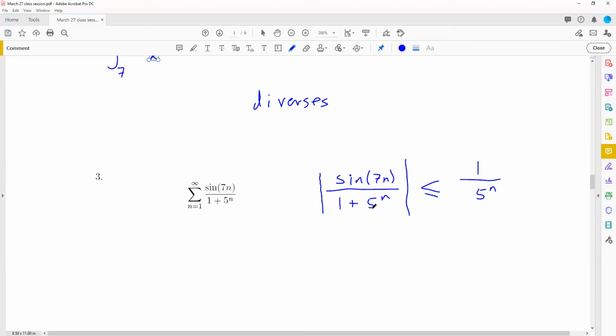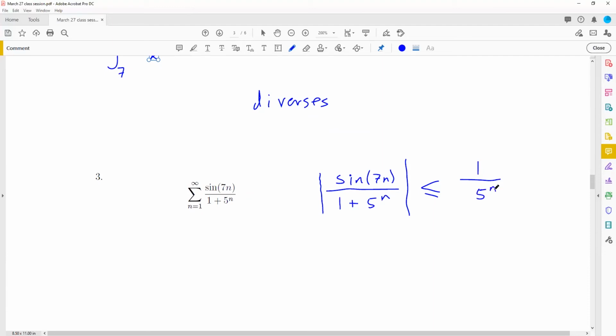But since it's in the denominator, even if there was a 1 right here, this would be smaller than that. Because it's like, okay, we have some pie, we have to share it with 1 plus 5 to the n people, but then this 1 is gone, so we only have to share it with 5 to the n people, so that means more pie for everybody, right?